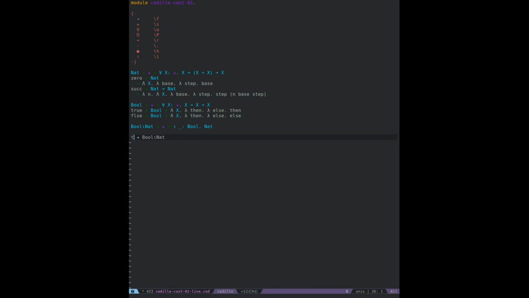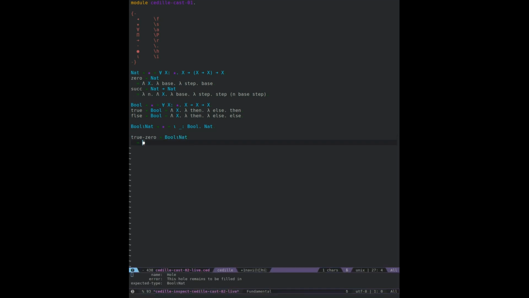Now, the way to introduce a dependent intersection in Cedille is by this bracket syntax, square brackets, taking two components, the left-hand side and the right-hand side.